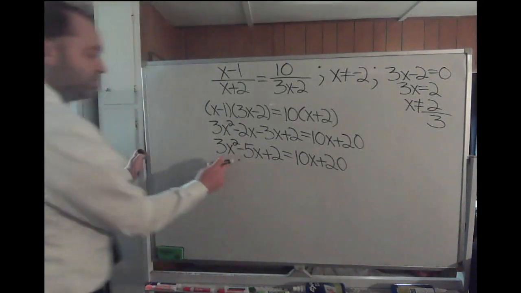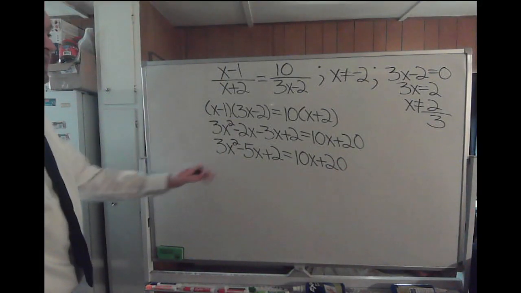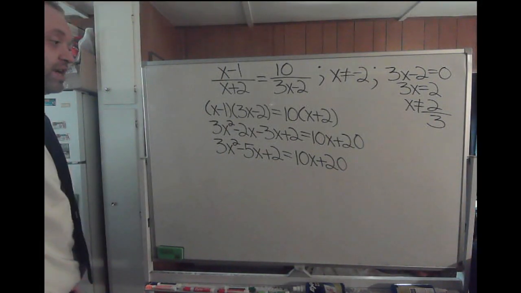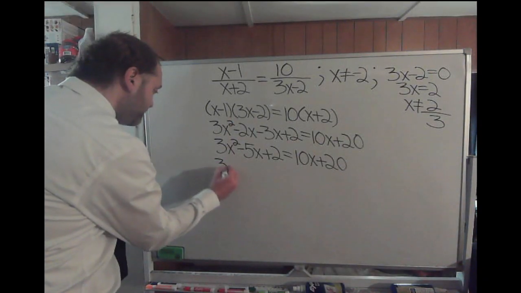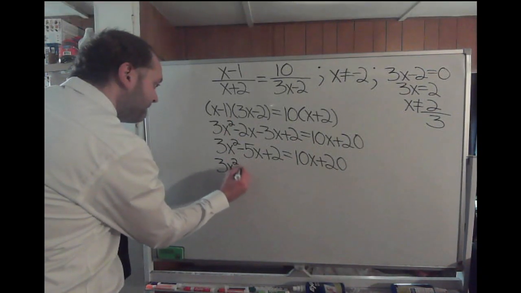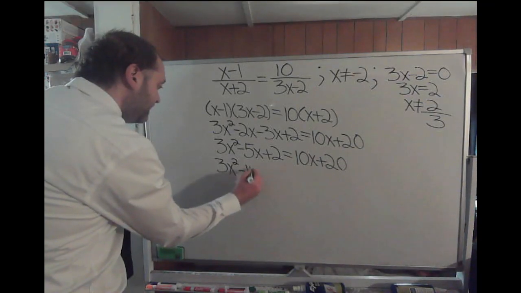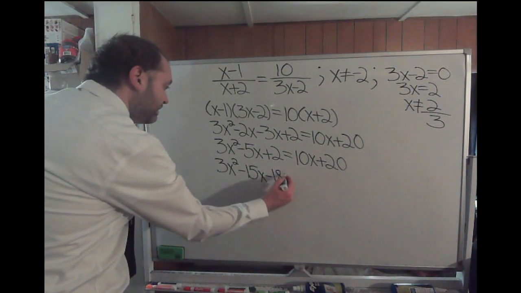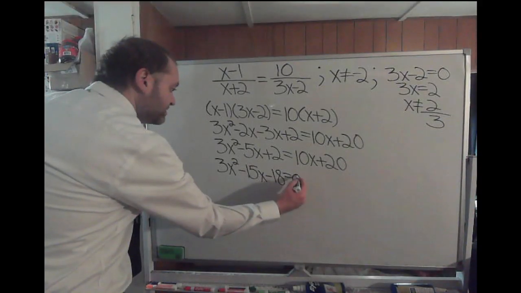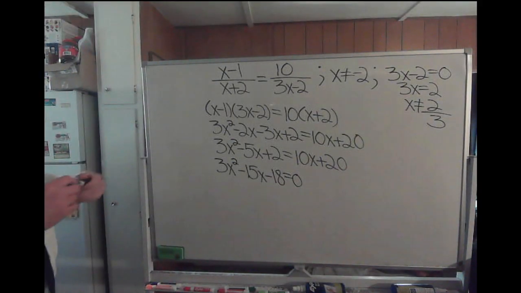Well, the quadratic term has no way to cancel out, so we have another quadratic equation to solve. If you simplify this, you'll get 3x squared minus 15x minus 18 equal to 0. Well, do we notice something right away?